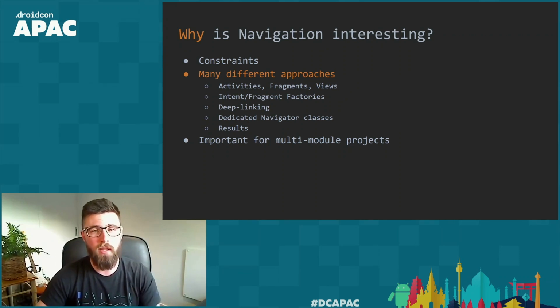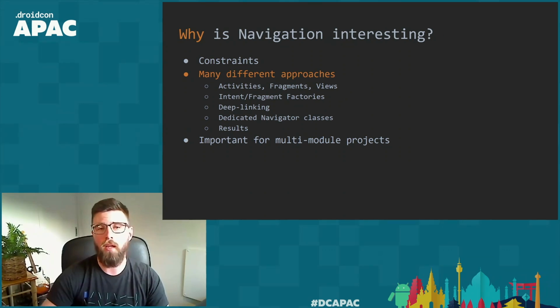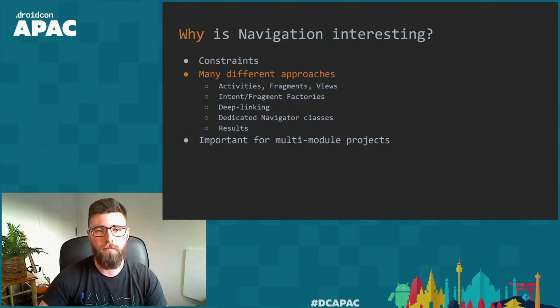We can use deep linking to navigate between screens from both inside and outside of our application. Some people like to use dedicated navigator classes with injected activities or fragments to sort of centralize their navigation logic. And there's a whole heap of different ways to handle results from screens, from activity result contracts to shared view models, global event buses, and more.